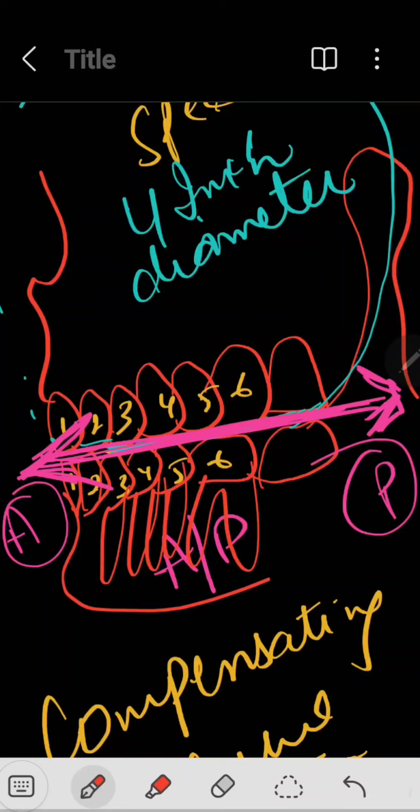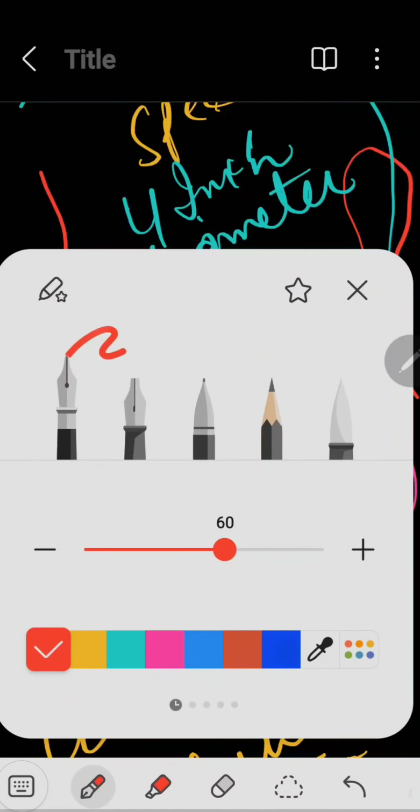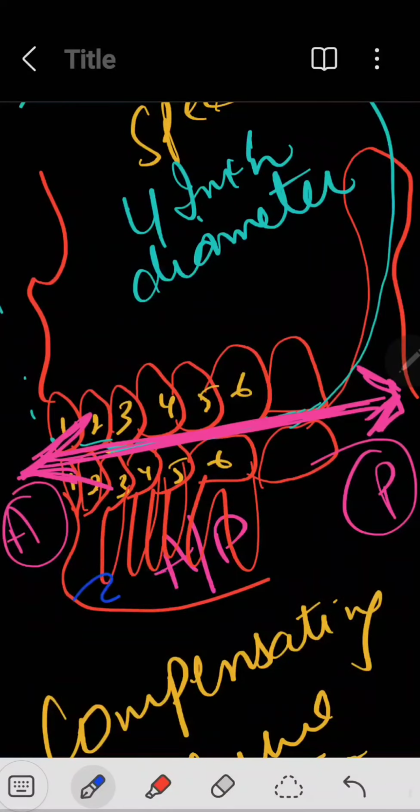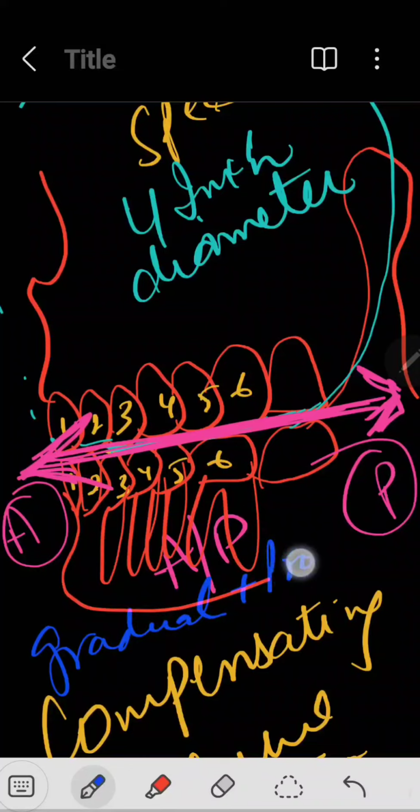As we go from anterior to posterior, there is a gradual and progressive increase in the mesial tilting of teeth towards molars.